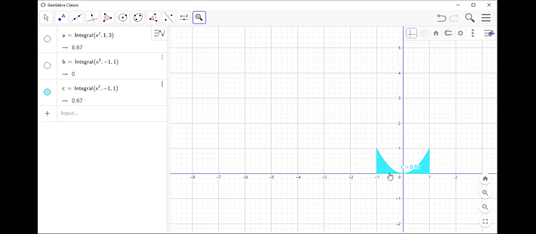That is the area of the region bounded by the curve and the x-axis, right? So this is the geometrical meaning of definite integral, though we have studied it theoretically.